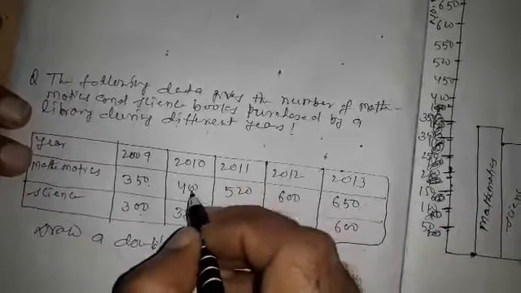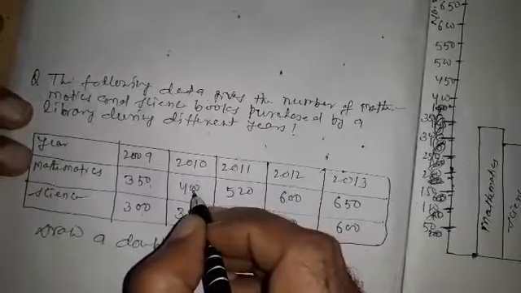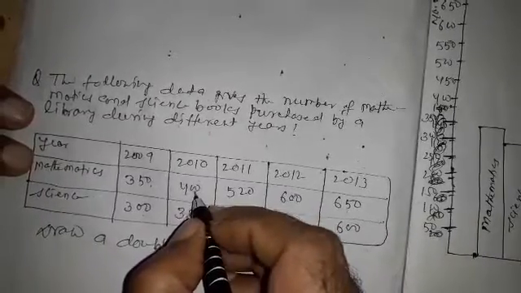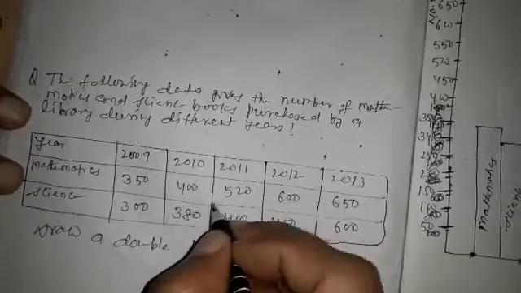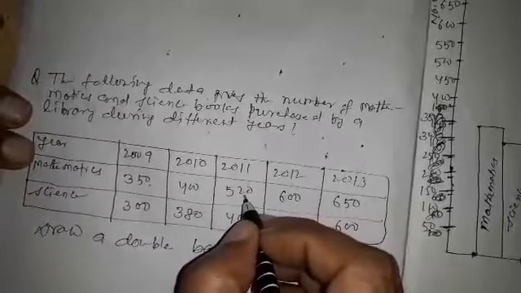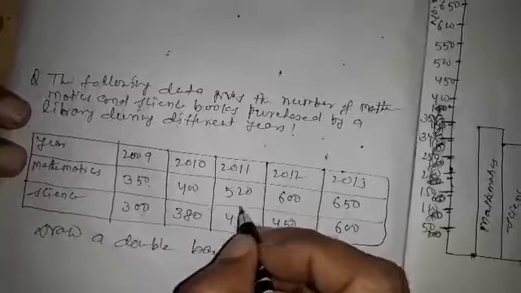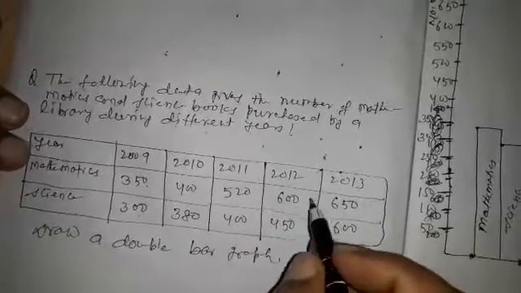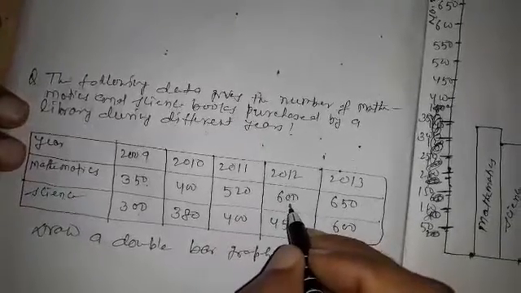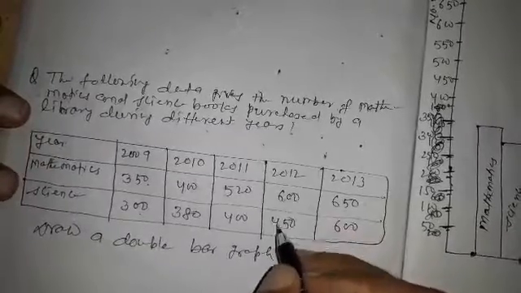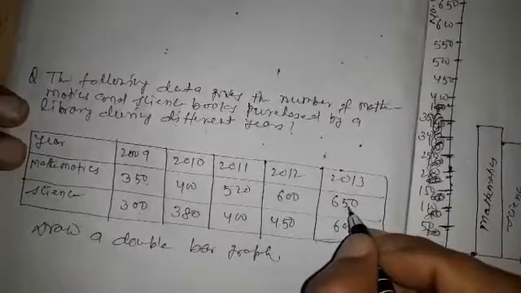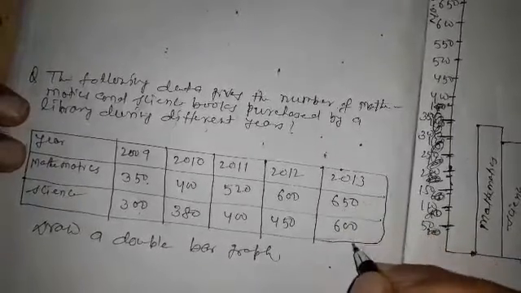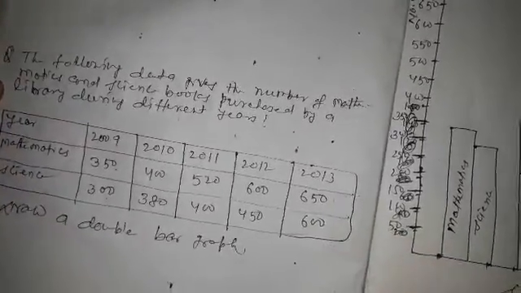In 2010, 400 maths books and 380 science books. In 2011, 520 maths books and 400 science books. In 2012, 600 maths books and 450 science books. In 2013, 650 maths books and 600 science books.